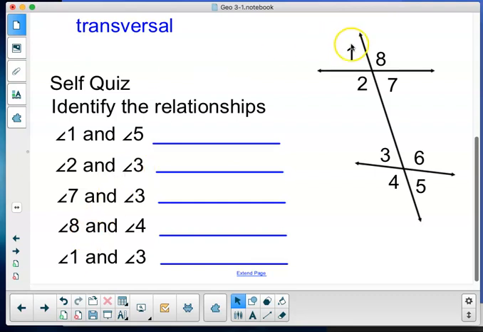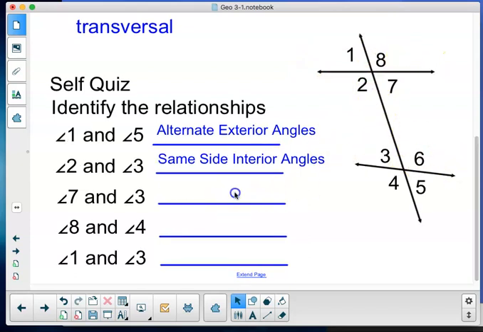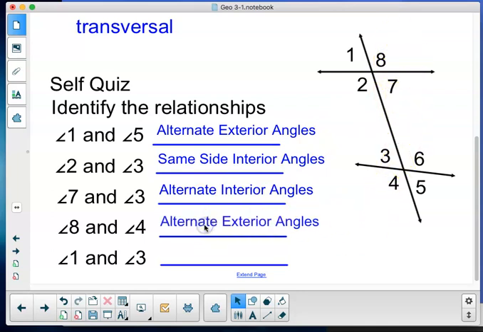All right, let's check them out. Angle 1 and angle 5 are exterior on alternate sides of the transversal, so that's alternate exteriors. 2 and 3 are on the same side, so they're same side interiors. 7 and 3 are on alternate sides on the inside of the two lines, so they're alternate interiors. 8 and 4 are on alternate sides outside, so they're alternate exteriors.